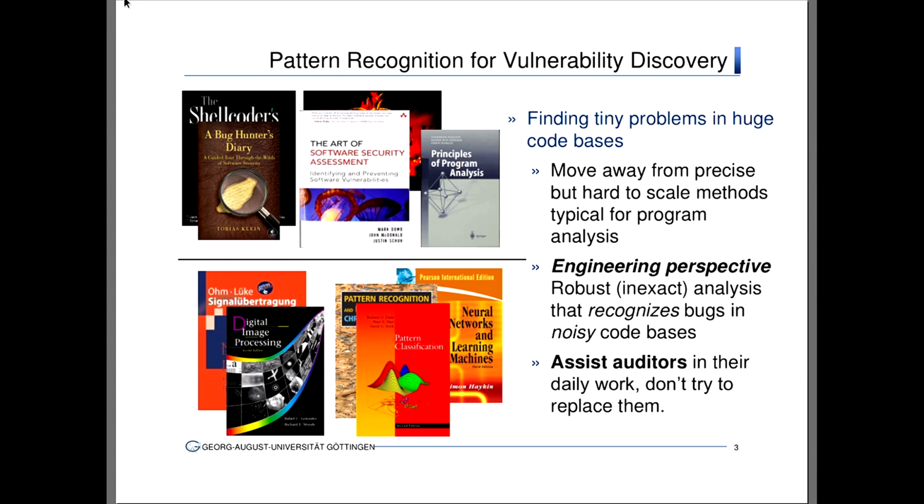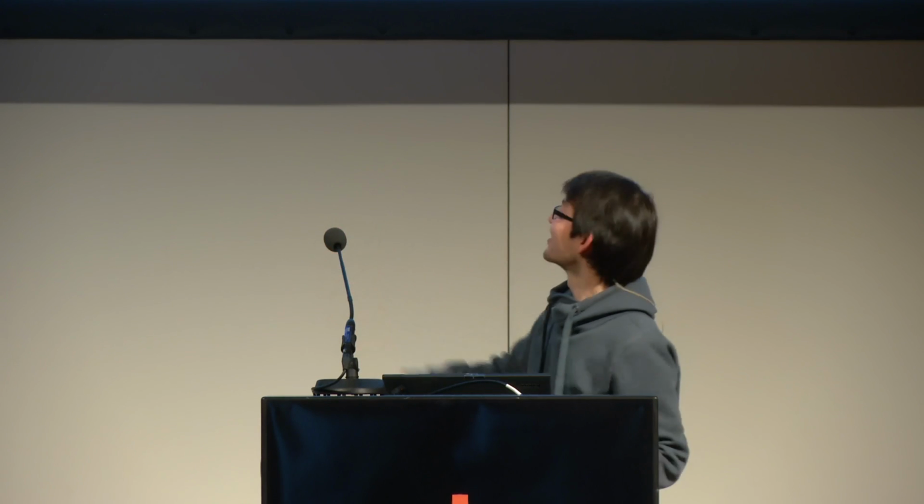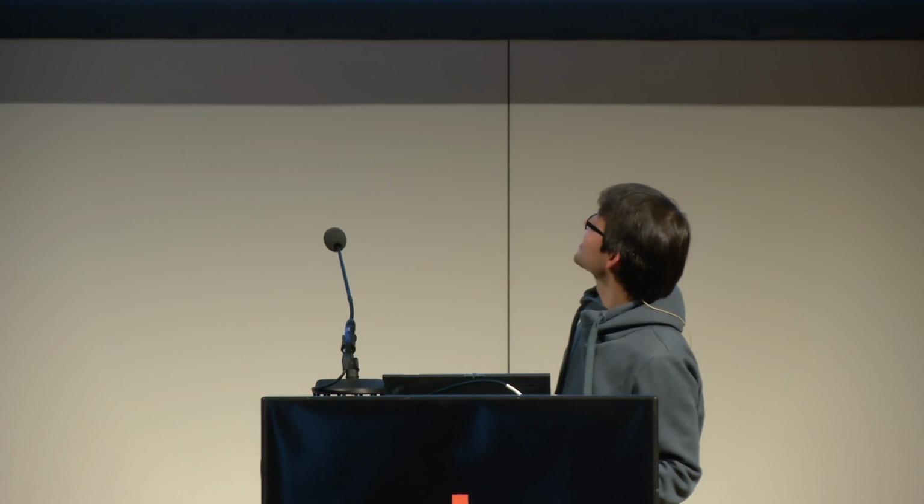On the one side, the kinds of things that we see at conferences like CCC a lot, which is bug hunting and exploiting bugs, things that are nicely represented by the books that you see there on the top: the Shellcoder's Handbook, the Bug Hunter's Diary, the Art of Software Security Assessment, and in the back you see a Phrack shining over all of this, right?